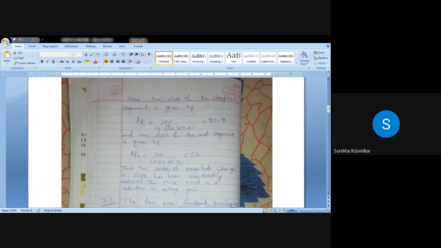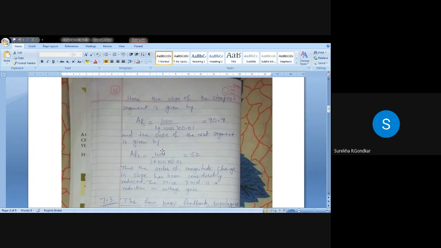So 1000 divided by 1 plus 1000 into 0.01 will give you the gain with feedback as 90.9. And the slope of the next segment is calculated here. Since the change is 100, we have taken A as 100. So 100 divided by 1 plus 100 into 0.01 will give you 50. So you can see the change in the gain with the feedback.